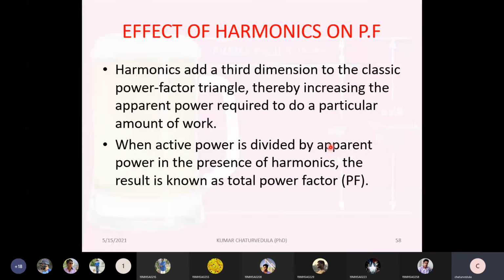This active component of power is divided into two components: active power without harmonics and active power with harmonics. The power present with harmonics, we call the total power factor.